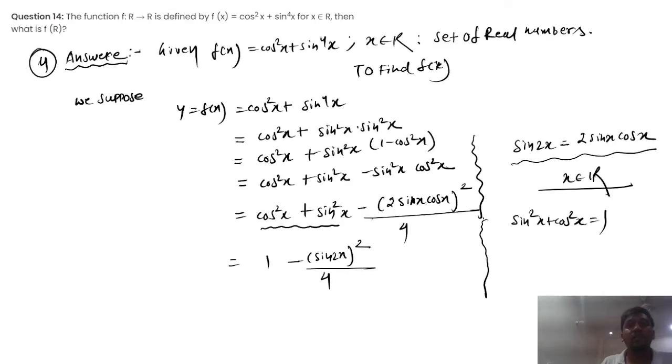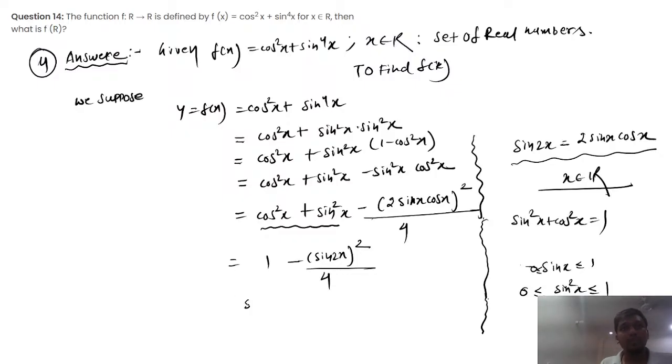Now what we know? We can assume sin x is between 0 and 1, and the value of sin square x is also between this. So can we say like this? Wait a minute.